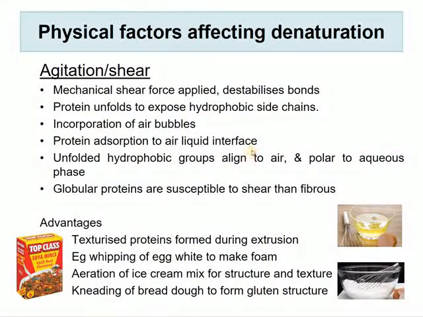And when that happens in high protein food, the bonds become destabilized. And we know which bonds these are: secondary, tertiary, and quaternary structures. So when the whipping, agitation, or homogenization is taking place, the protein starts to unfold.